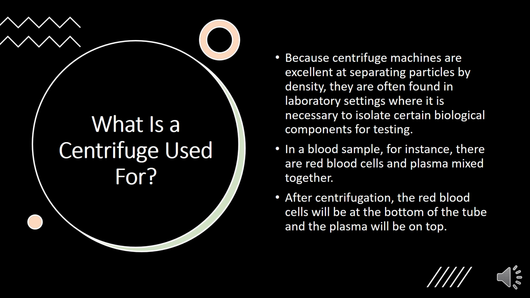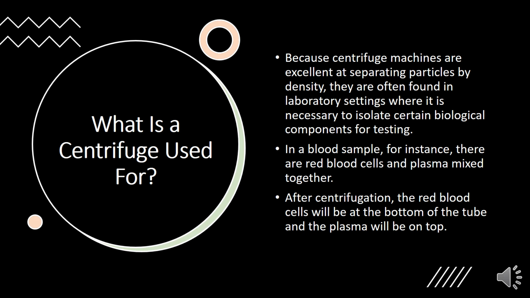What is a centrifuge used for? Because centrifuge machines are excellent at separating particles by density, they are often found in laboratory settings, where it is necessary to isolate certain biological components for testing. In a blood sample, for instance, there are red blood cells and plasma mixed together.